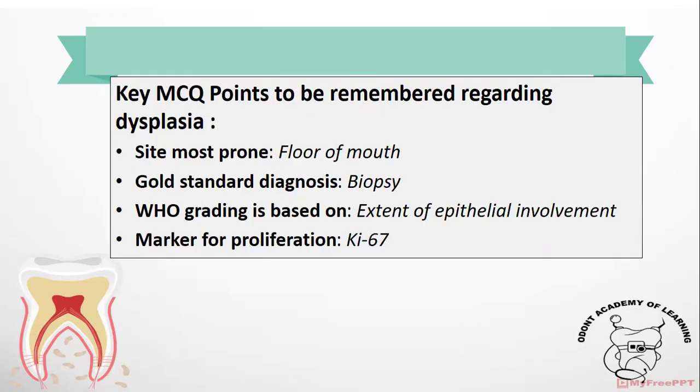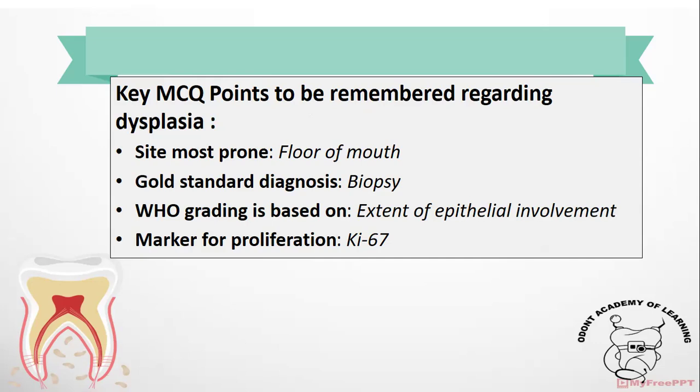Now, key points which are supposed to be remembered regarding dysplasia: first of all, the most common site for occurrence of any dysplastic lesion is the floor of the mouth, and the poorest prognosis for any dysplastic lesion in the oral cavity is for the lesion that is occurring on the tongue surface.